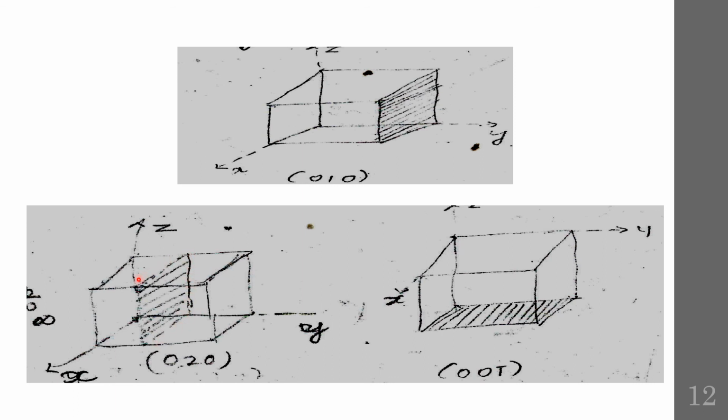So this forms the 0, 2, 0 plane. Here the plane is cutting the negative z-axis. This is the 0, 0, 1 bar plane.